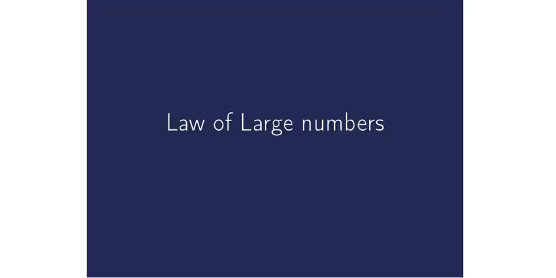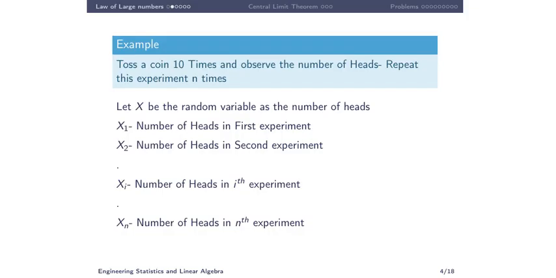Now moving to our today's topic, the first one is law of large numbers. So we will consider an experiment. Toss a coin 10 times and observe the number of heads. Repeat this experiment n times. So what we are doing is, the first time we are tossing the coin 10 times.